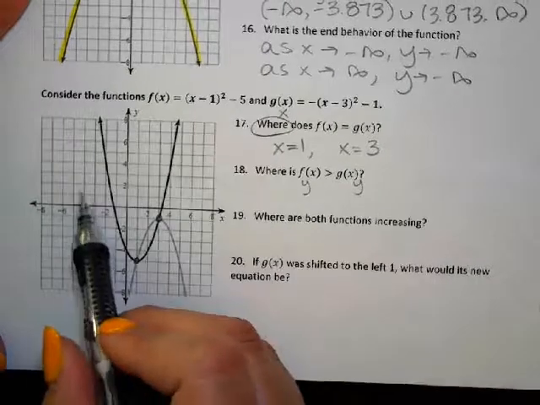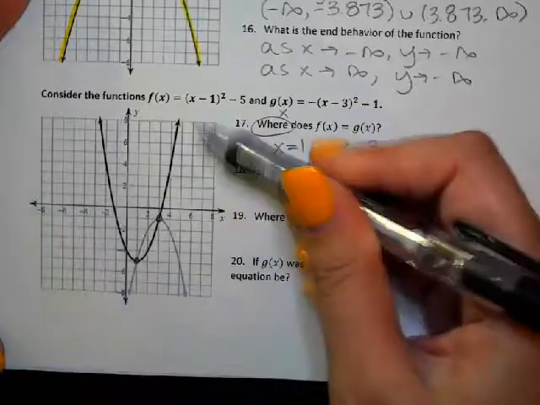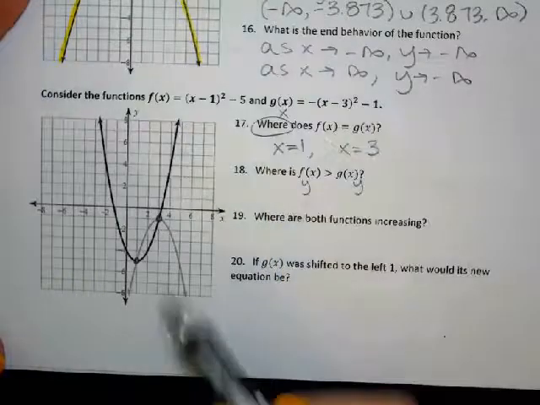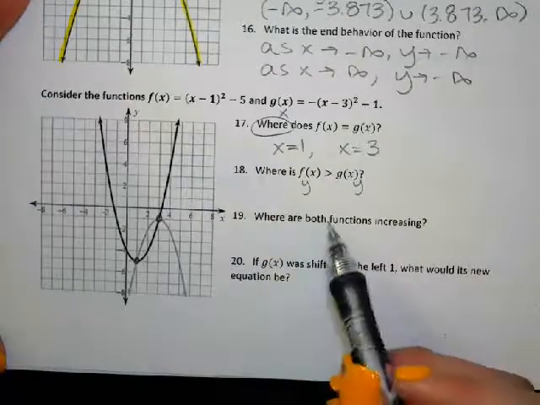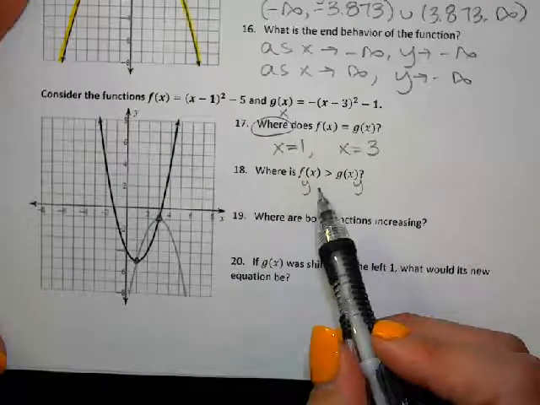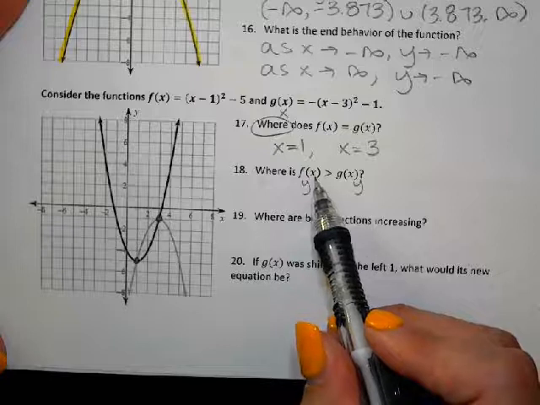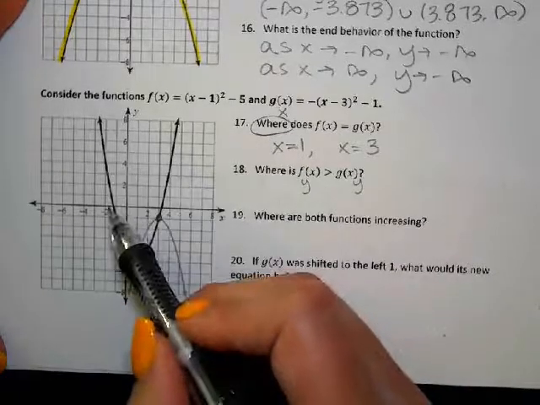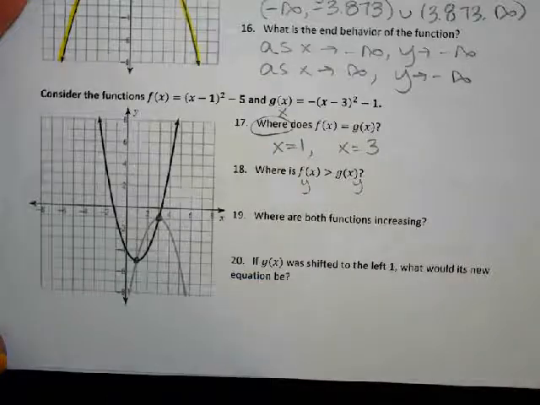Does that make sense? Okay, so which graph is f of x? Is it the darker one or the lighter one? The darker, okay. So we want to answer the question, when is the darker graph visibly above the lighter graph? When is it visibly above the lighter graph?